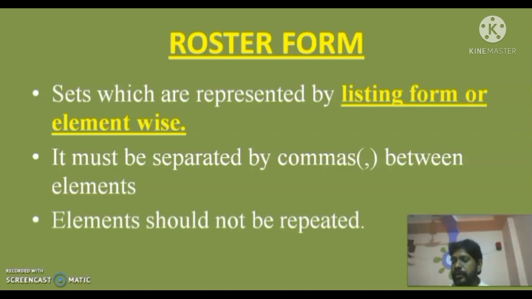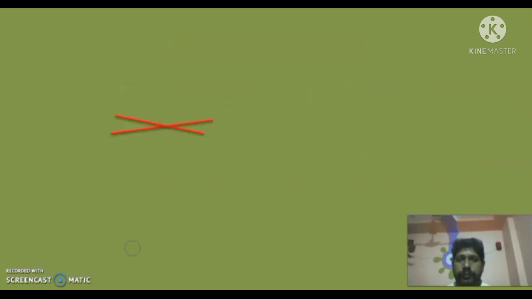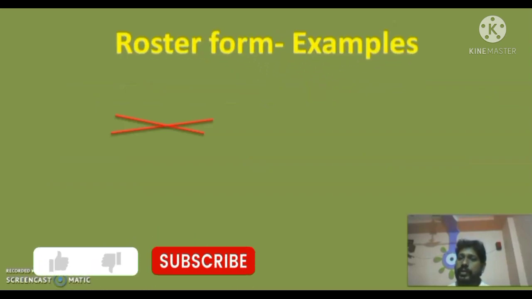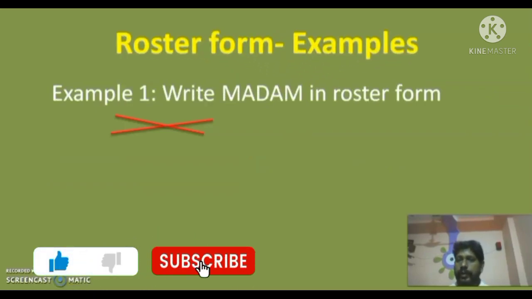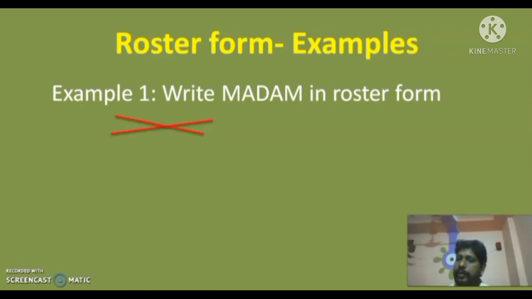For example, let me take one example here. Roster form examples. Example 1: write madam in roster form. So here A is equal to, by the definition of roster form, you write every element separated by commas, meaning M, A, D, A, M. But this is the wrong representation.